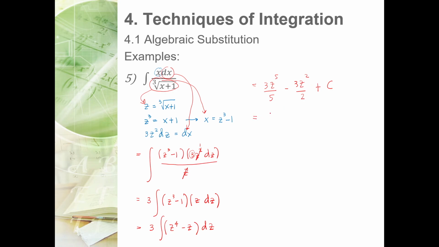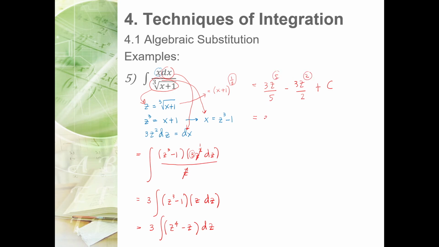So again, bring back the value of the u parameter. So again, for you not to be confused on how to deal with exponents and the radical expression, just try to make it as an exponential expression. So x plus 1 raised to the 1/3, right? So with this, you can just multiply 1/3 with 5 and then 2.